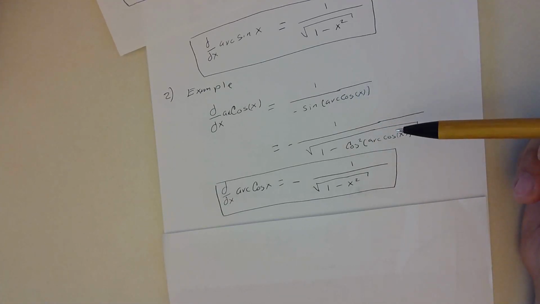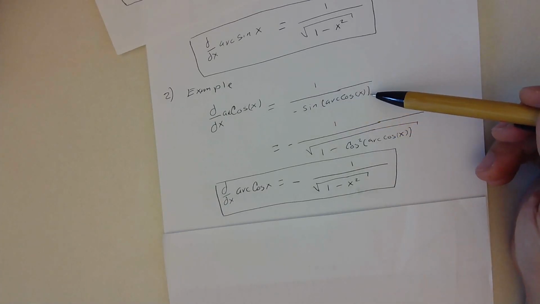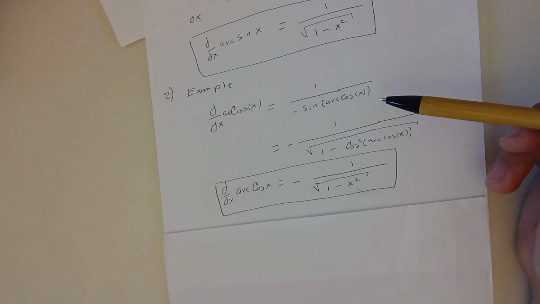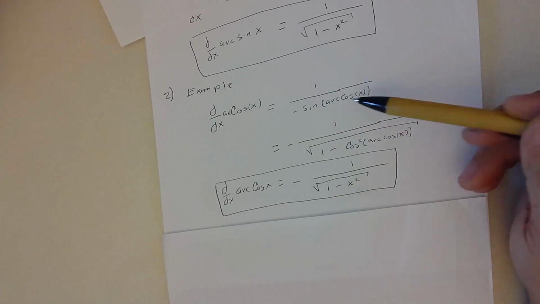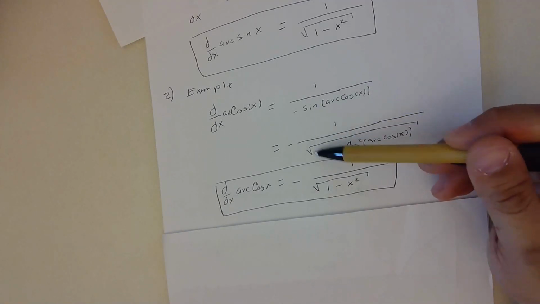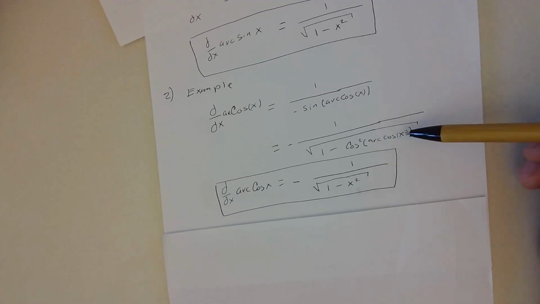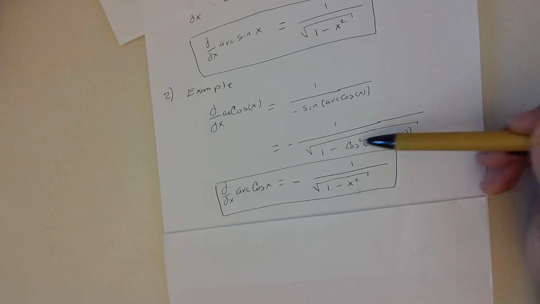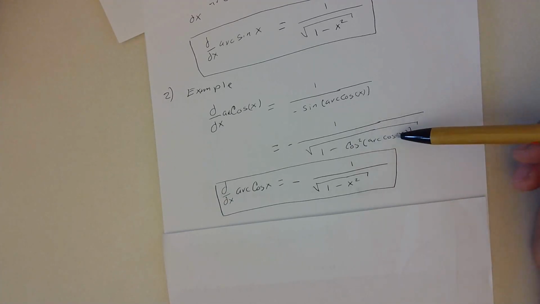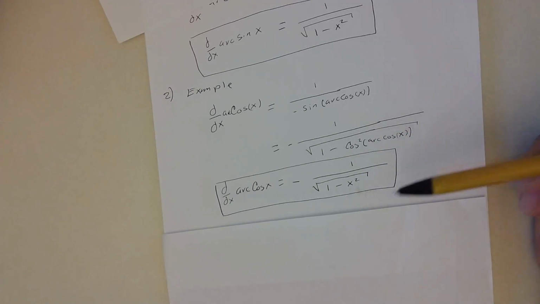And the sine, again, by the Pythagorean trigonometric identity, is equal to the square root of 1 minus cosine squared of arccos of x. And this part, basically, is the inverse of the same function, so we can replace it by x, and that's this.